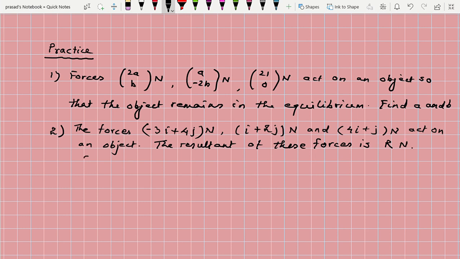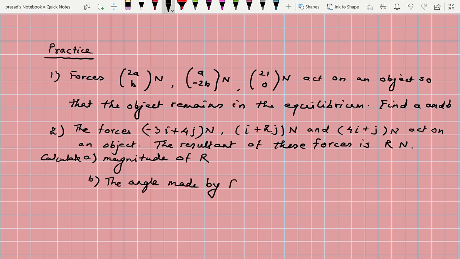So first part, calculate the magnitude of R, and second part, the angle made by R with vector j. So just try these problems for homework.